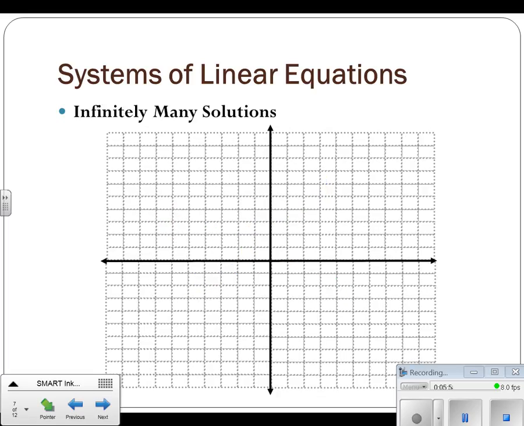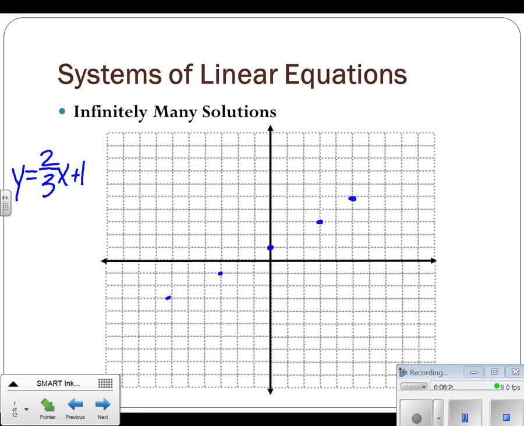When we have infinitely many solutions, an example of this would be if I had y equals 2/3 x plus 1, and I graph that, and my y-intercept is at 1, and my rise is 2 and run 3, or down 2, left 3.